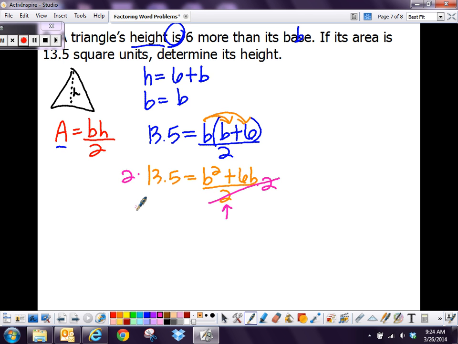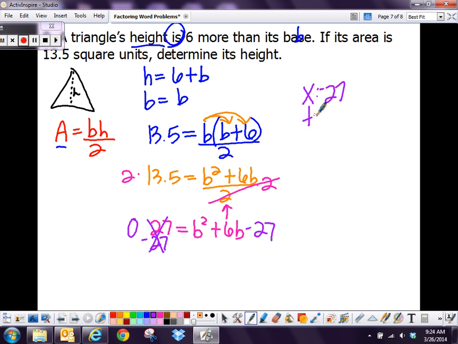So 2 times 13.5 gets me 27, equals B squared plus 6B. I need to get this equal to 0, so I subtract 27, and I'm going to move that to the other side, and that leaves me with 0. We're going to stop here because you can go on and factor that on your own, but we're going to need to multiply to get a negative 27 and add to get 6.